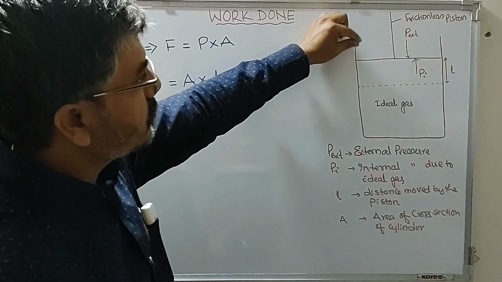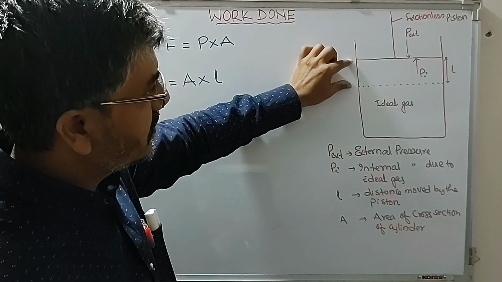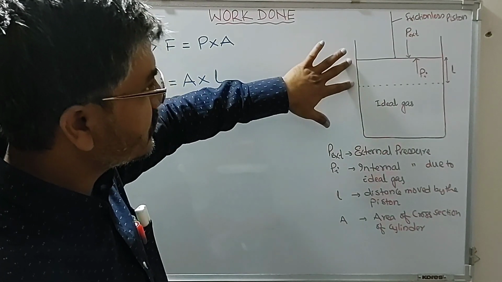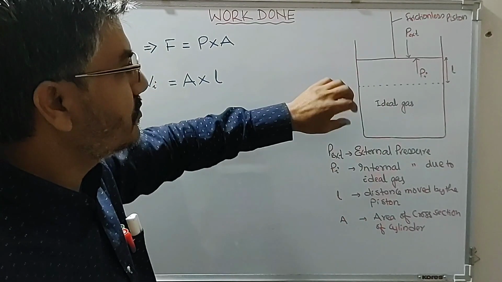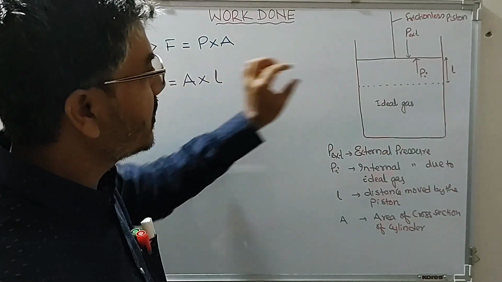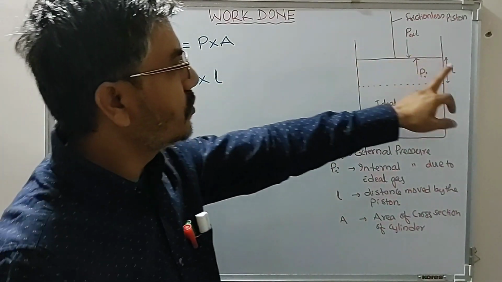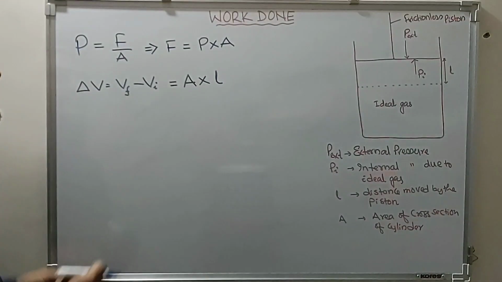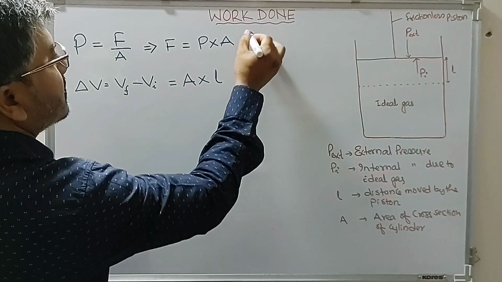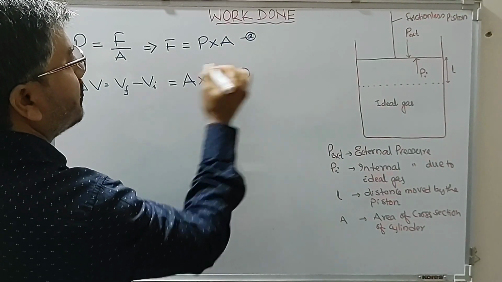During the course of movement of this piston, this is the distance moved by the piston and this is the surface area. Then the change in volume will be surface area into the distance moved by the piston. So we have this, this is A, this is B.